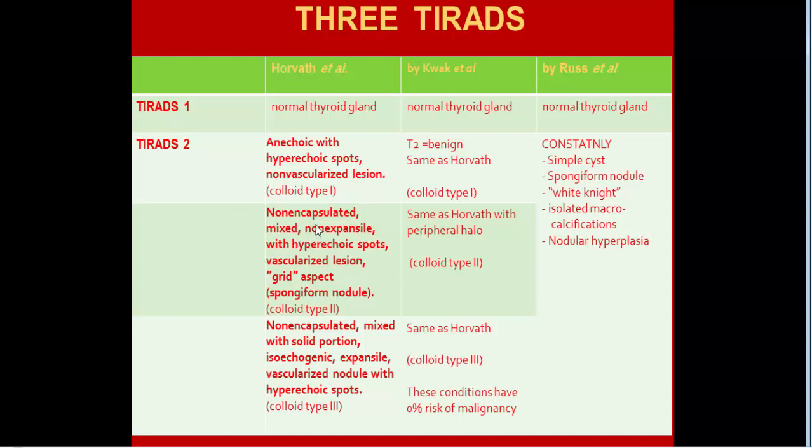Colloid type 2: non-capsulated, mixed, non-expansile with hyperechoic spots, vascularized, grid aspect, spongiform nodule. Colloid type 3: non-capsulated mixed with solid portion, isoechoic expansile vascularized nodule with hyperechoic spots. Russ et al. TI-RADS 2: constantly benign simple cyst, spongiform nodule, white knight, isolated macrocalcification, nodular hyperplasia. TI-RADS 2 carries 0% malignancy, no chance of malignancy.